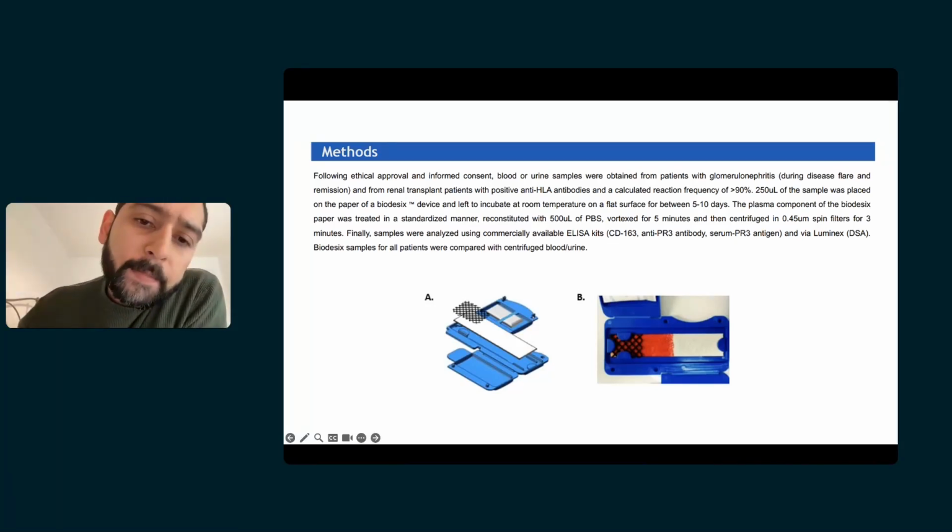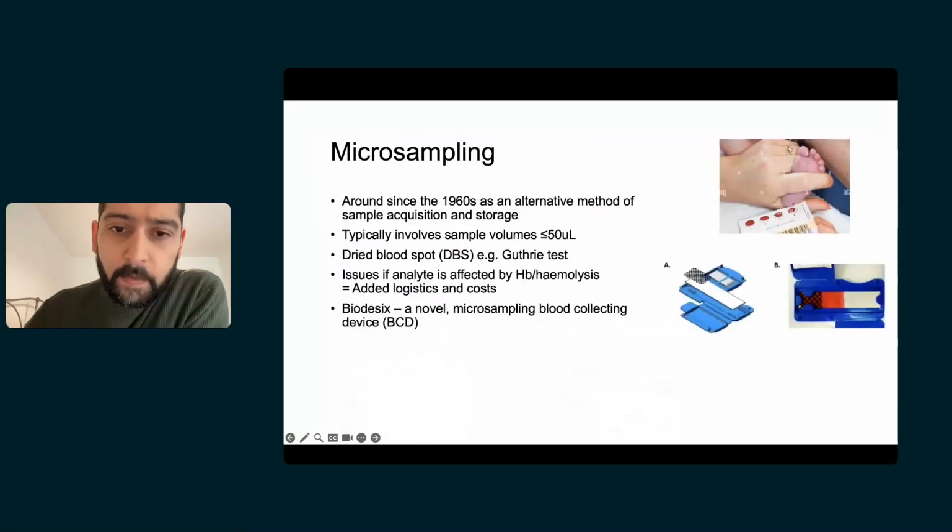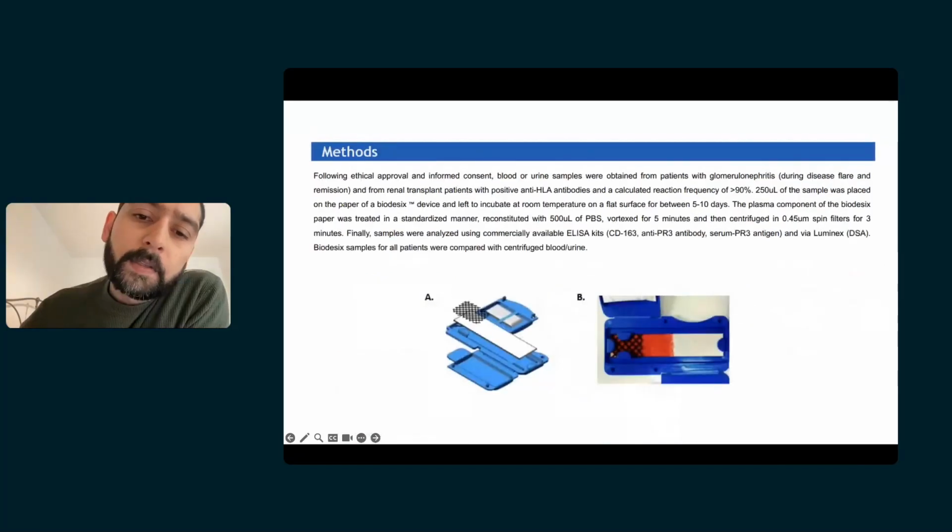I didn't mention before, but if I go back a slide, you'll be able to appreciate that this thing over here is a desiccant pack. What it does is it helps to dry and thereby further prevent interference with the separation that happens over here.